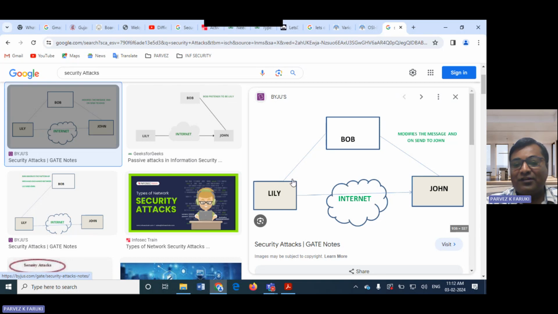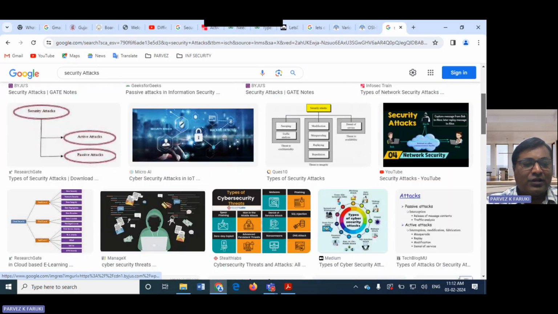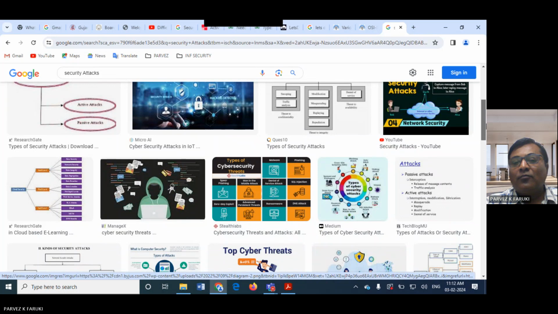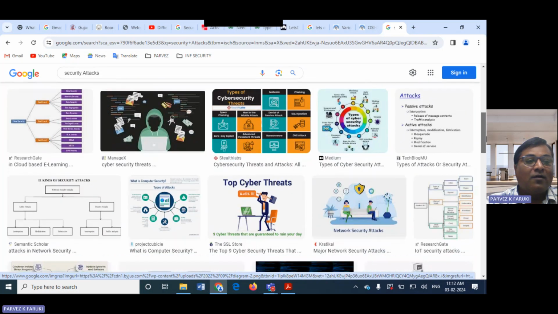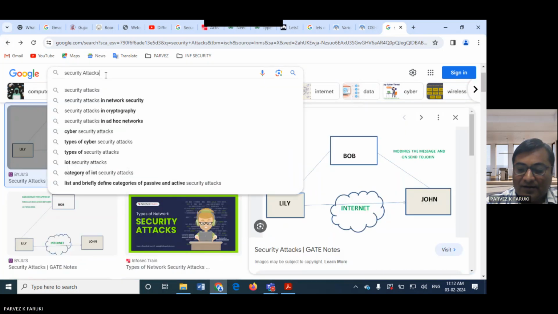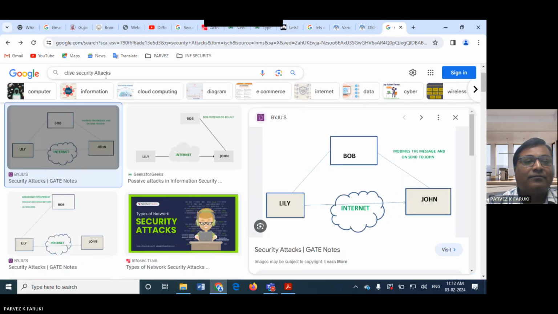Alice and Bob. Alice is always a client, Bob is a server, and Eve is an attacker, right? So we follow that terminology throughout so that we are able to ensure what happens around while we talk about security. So let's see, say active.